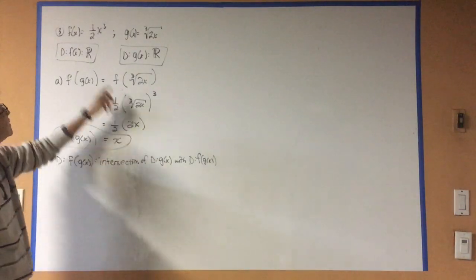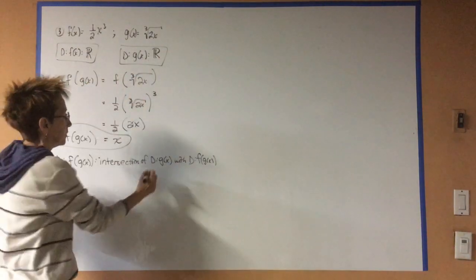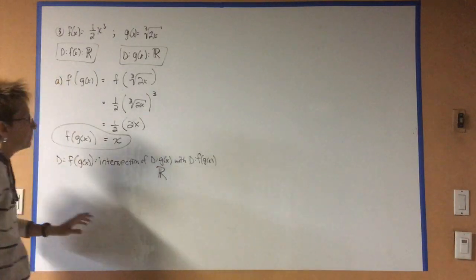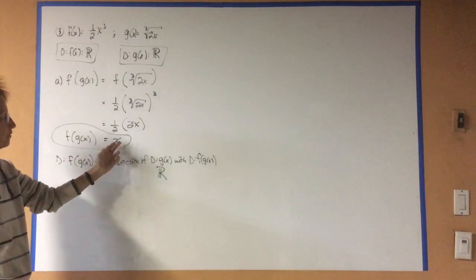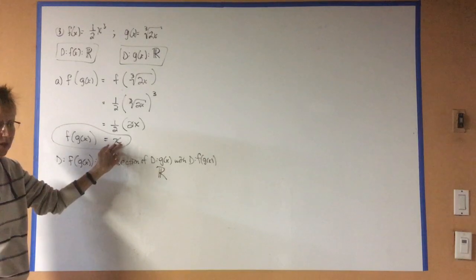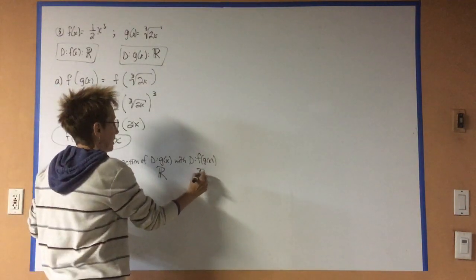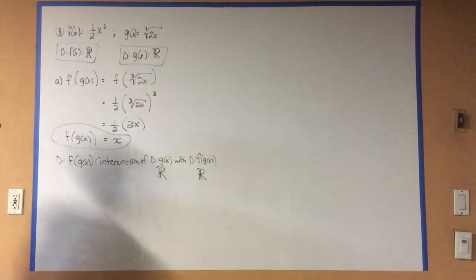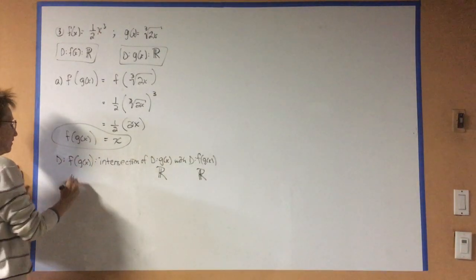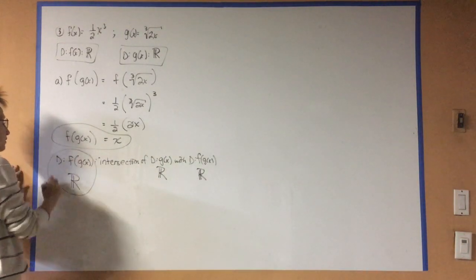Well, the domain of g of x was all real numbers, and the domain of f of g of x simplified version was all real numbers. And if I intersect all real numbers with all real numbers, I get all real numbers. There are no restrictions.